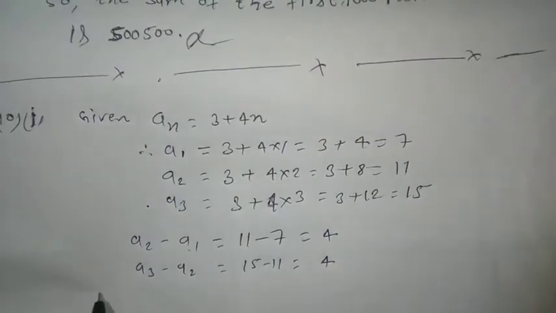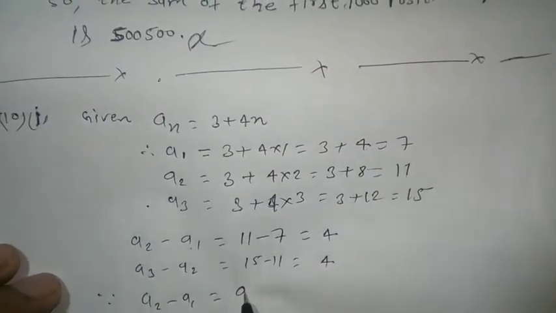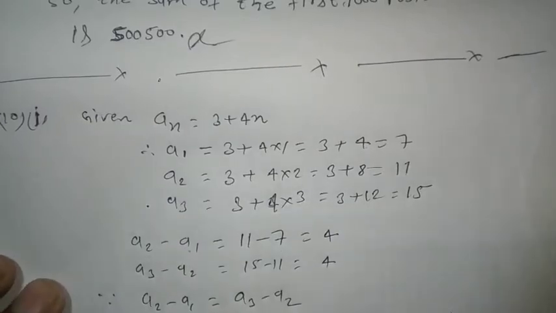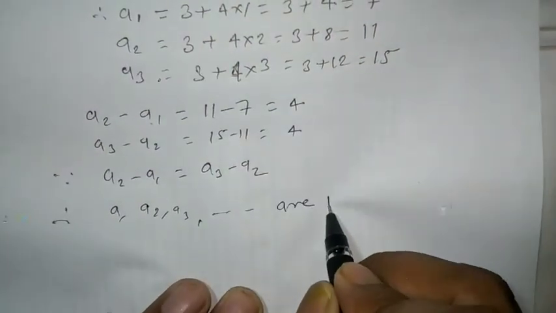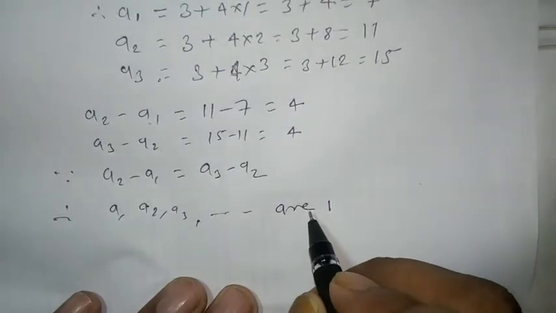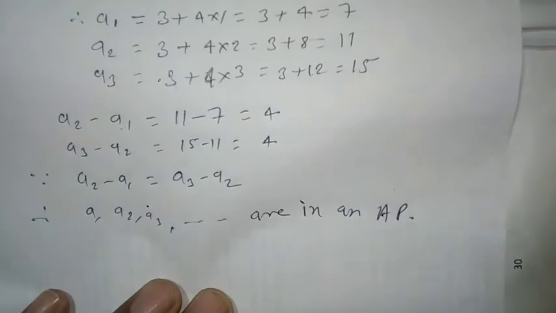Now because a2 minus a1 is equal to a3 minus a2, therefore a1, a2, a3, ... are in an AP.